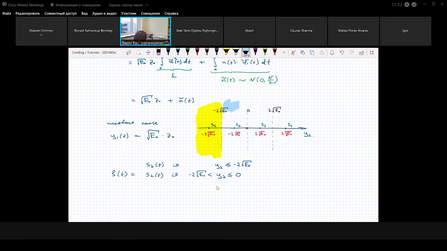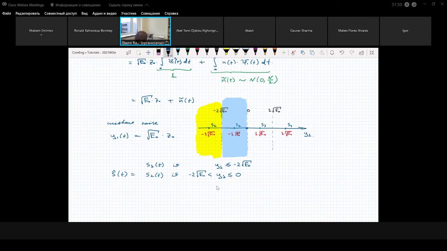Now we have this second decision range. So whatever we receive, this amplitude in this range, we say that it belongs to signal S2. Okay, good.